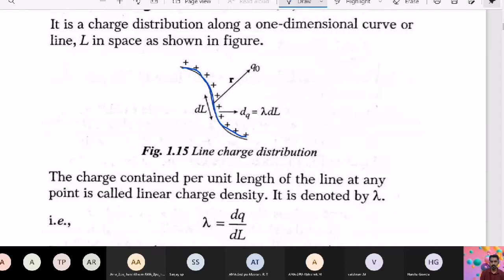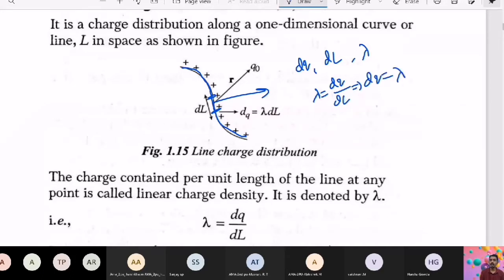When you consider one small element of length dl, on this small element let's take the charge as dq, the length is dl, and as it is line charge, lambda equals dq by dl, which implies dq equals lambda dl. So the small charge on a small length is lambda dl.